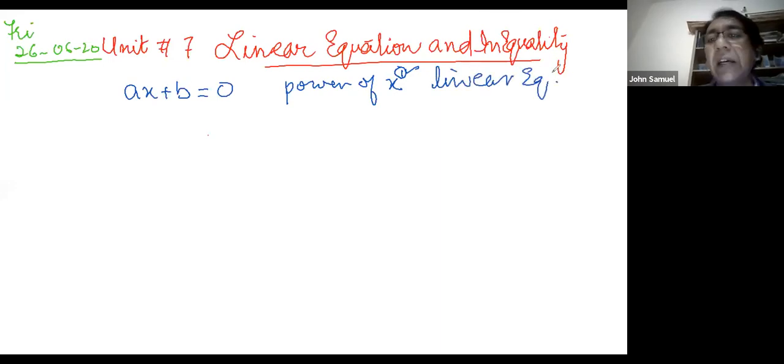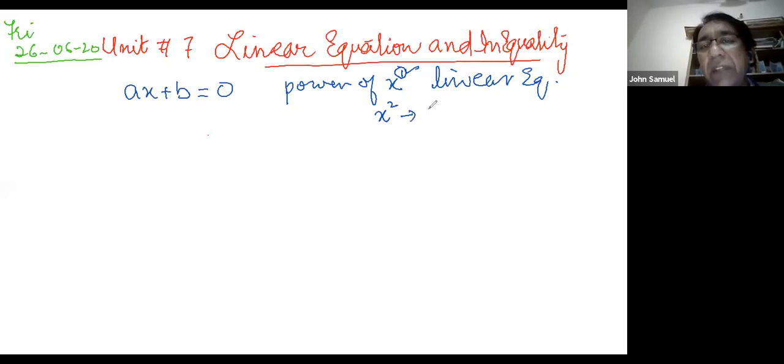As earlier in previous chapter, I told you, even in chapter number 5, I told you, if it is having x raised highest power, if highest power x raised to the power 2, then we say it is called quadratic equation. If it is x raised to highest power is 3, then we say it is cubic equation.